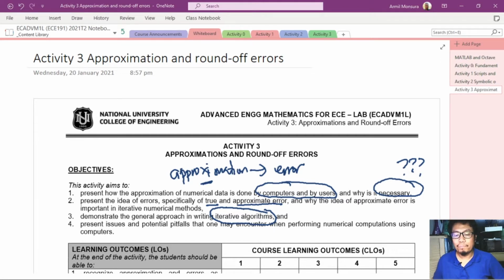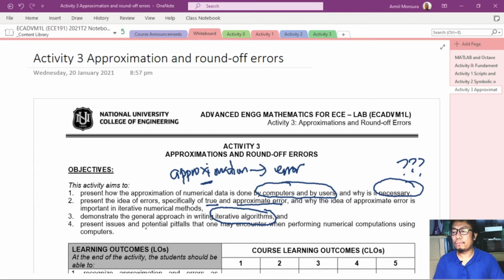The ultimate aim is that later on you would be getting used to writing these iterative algorithms, so that if you are to write them on your own, you would be able to start from something, and then from there develop and tweak your algorithm so that it would meet whatever requirements you need to meet.